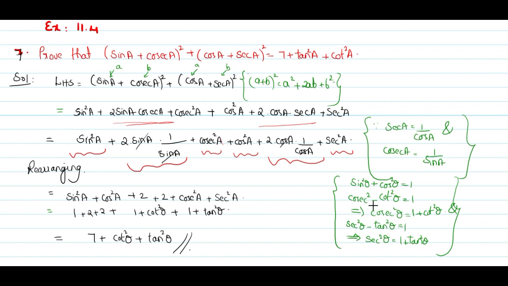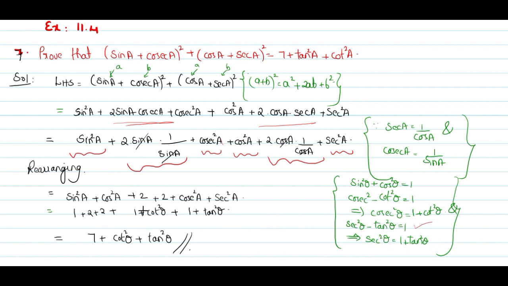When minus is transposed, it will become plus cot square theta. Then we have secant square theta minus tan square theta is equal to 1 as one more identity. From this we can calculate the value of secant square theta by transposing tan square theta. When transposed it will become plus tan square theta. So, secant square theta is equal to 1 plus tan square theta.